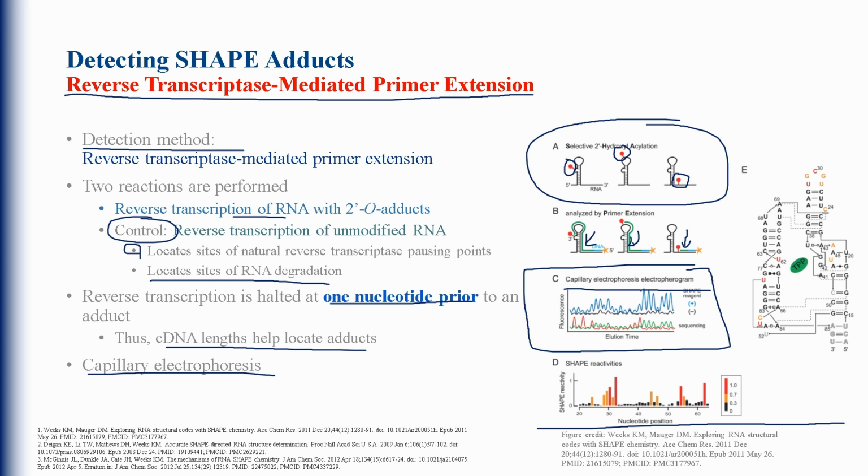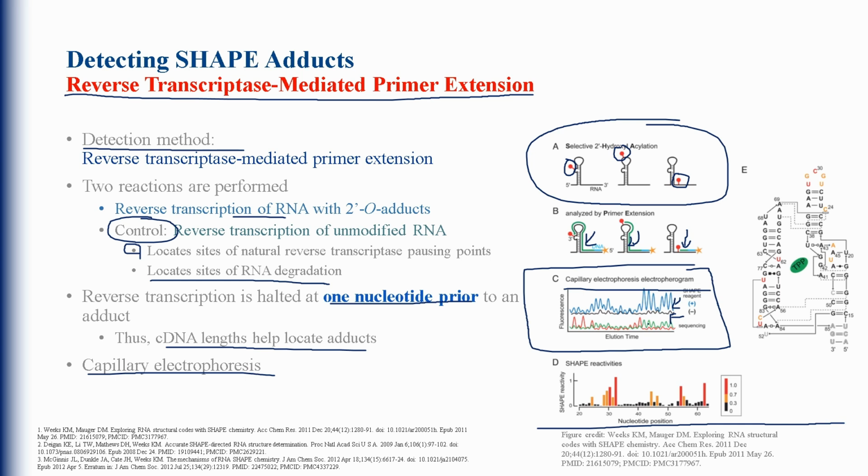Now, here you can see the positive reaction, or the actual experiment whereby SHAPE reagents were introduced into the RNA molecule of interest. And you can see that in blue. In black, you can see the negative control, and that's going to help locate natural pausing points of reverse transcriptase and sites of RNA degradation.